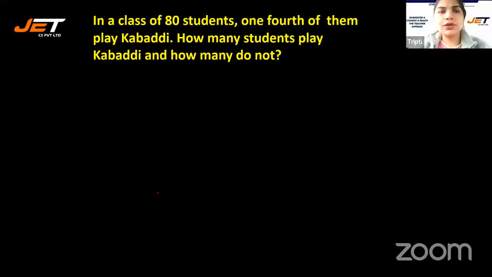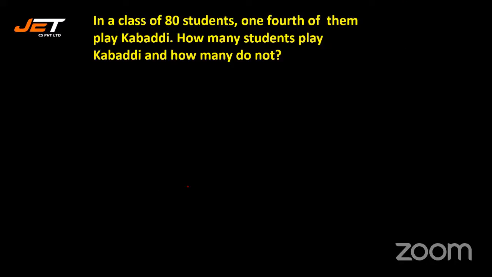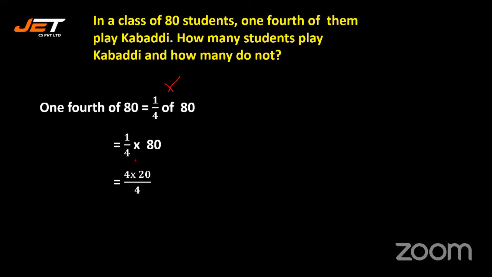Okay, so let's do it. 80 students are there in the class. So let's find 1/4 of 80. 1/4 of means times. 80 can be written as 4 times 20.